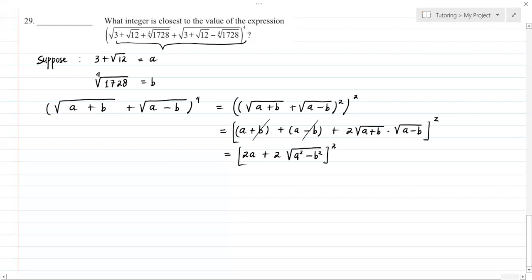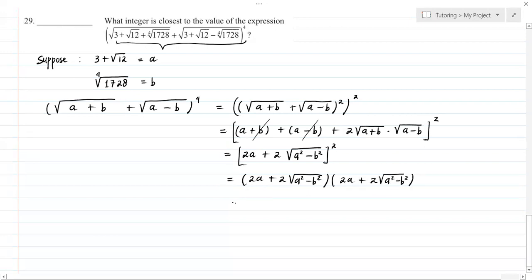Then we calculate the value of 2A plus 2 times root of A squared minus B squared, power 2. So we can write 2A plus 2 root of A squared minus B squared, multiplied with 2A plus 2 root of A squared minus B squared.